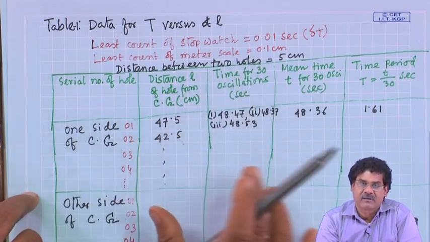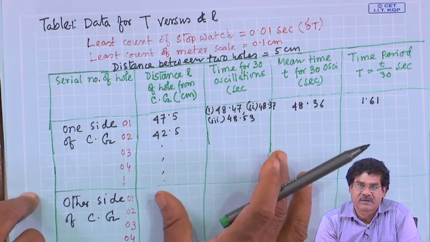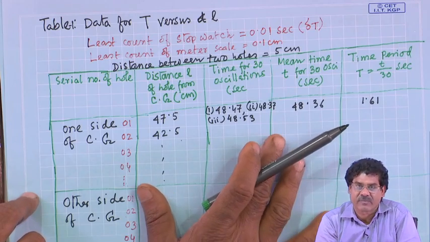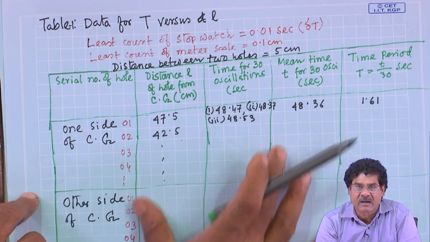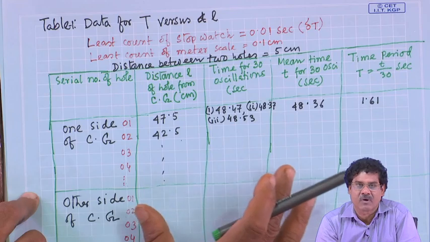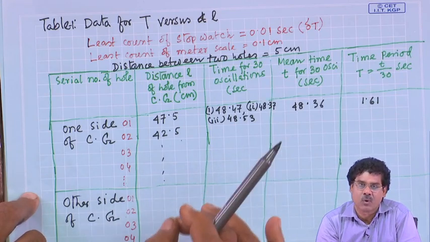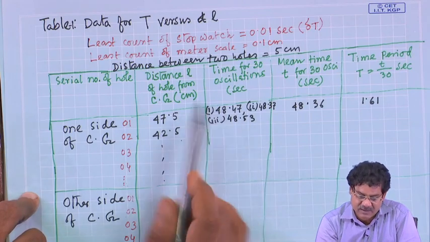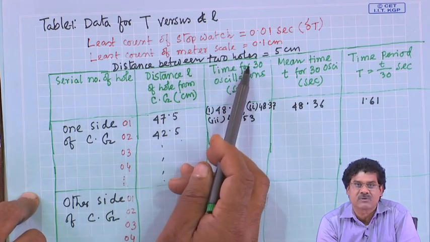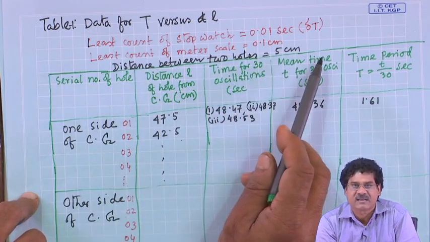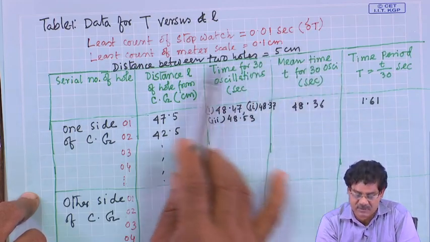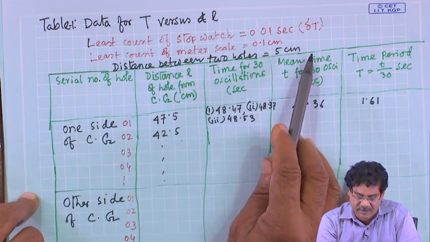And in our bar compound pendulum, we have made some holes on this bar. The distance between two holes is 5 centimeters. Whatever information you have, you should note down on the top of the table.